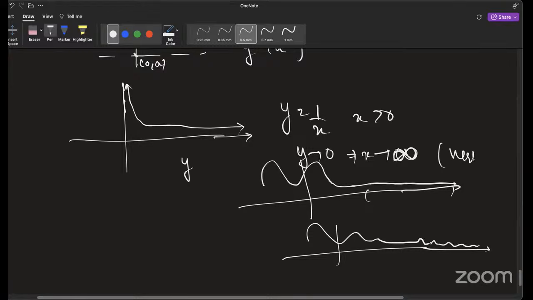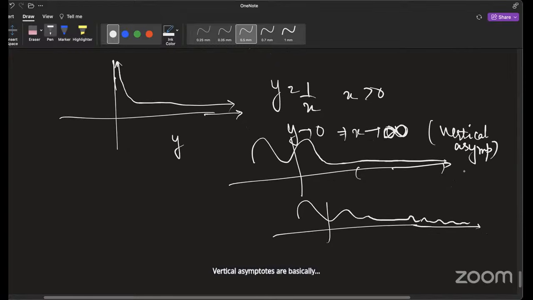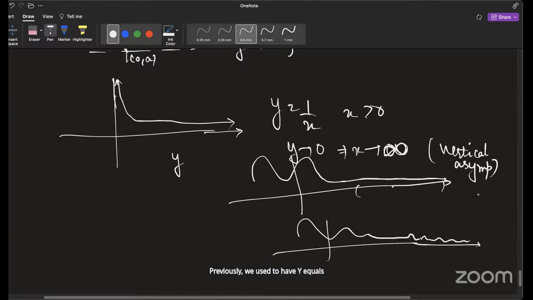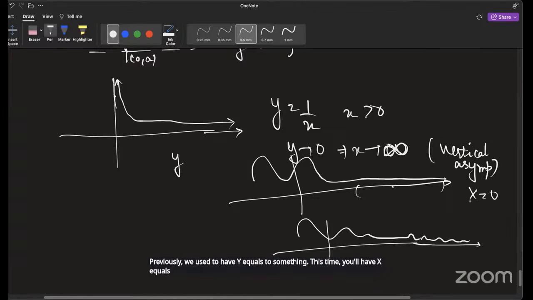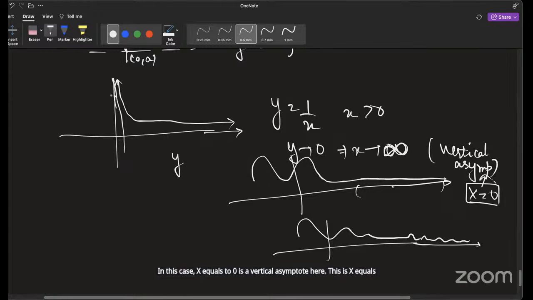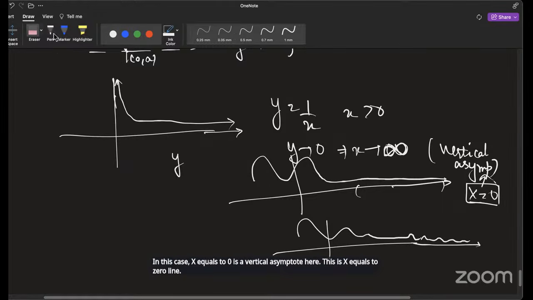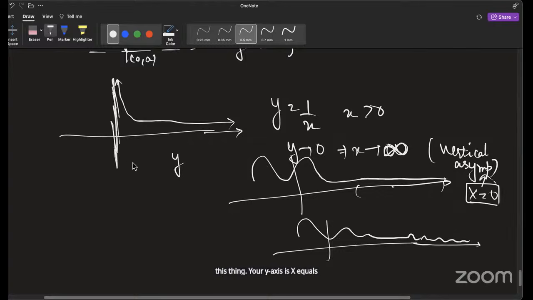This is a vertical asymptote. Previously we used to have y equals to something, this time you'll have x equals to 0. So x equals to 0 is a vertical asymptote here. This thing, your y-axis, is the x equals to 0 line.